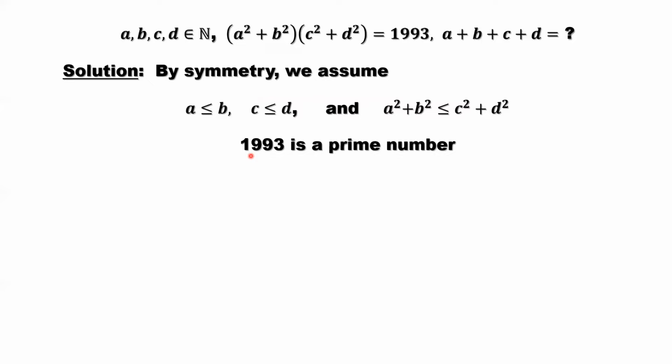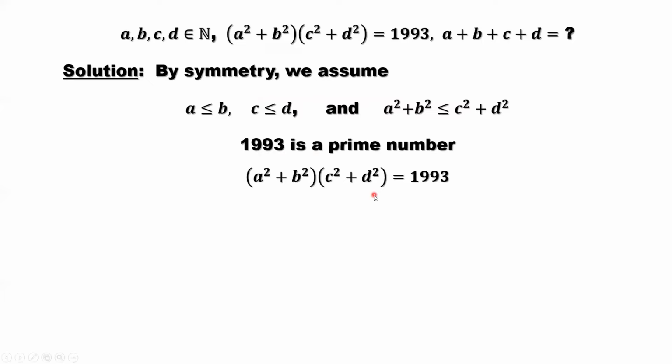This is the important result. 1993 is a prime number. What does this mean? This number only has two factors, 1 and itself, 1993. No other factors.